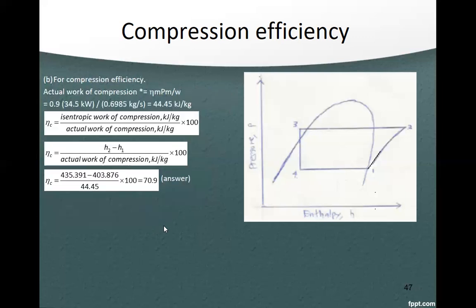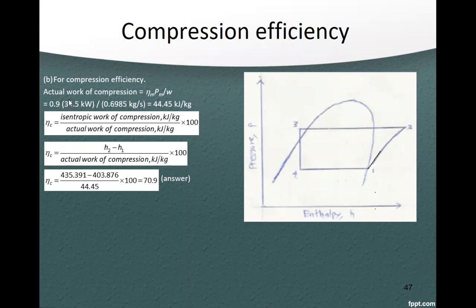Next, B, compression efficiency. The actual work of compression is equal to, let us first fix this, 0.9 times 34.5 kilowatts divided by 0.6985 kilograms per second, which is 44.45 kilojoules per kilogram.